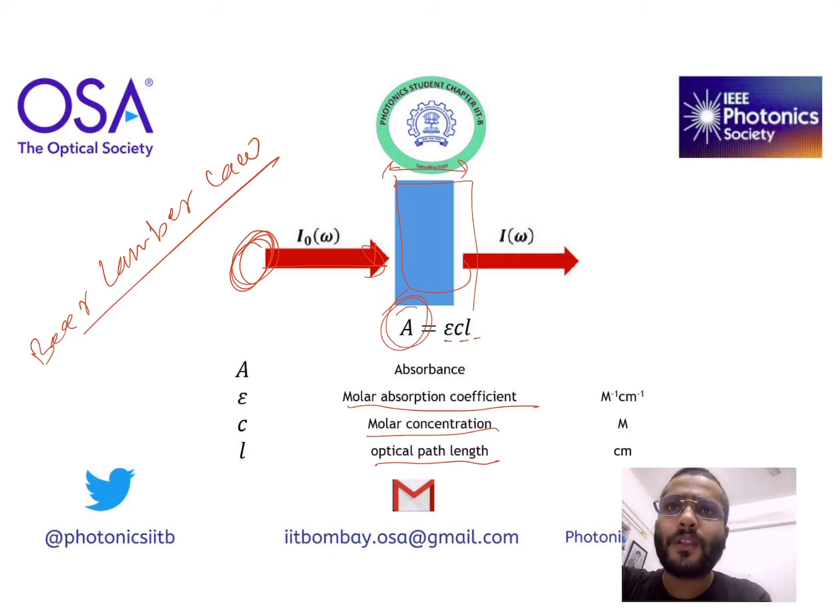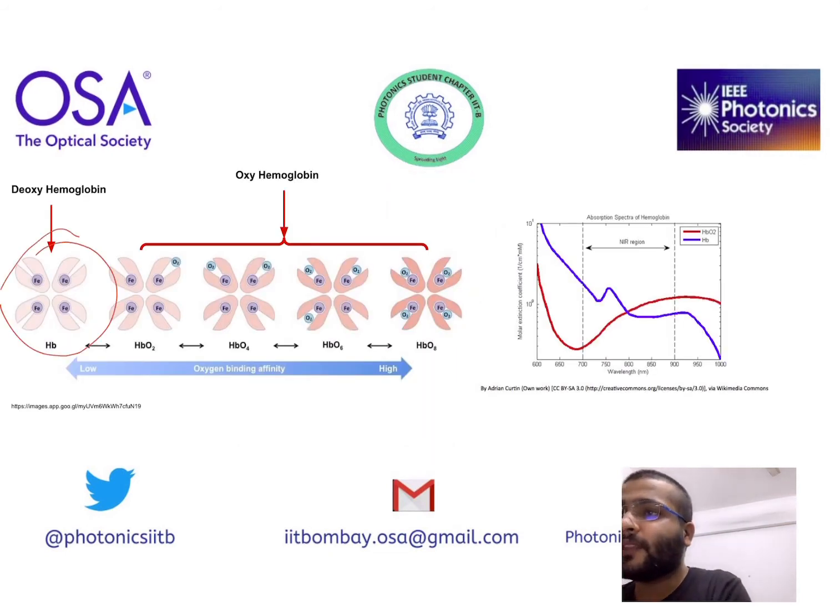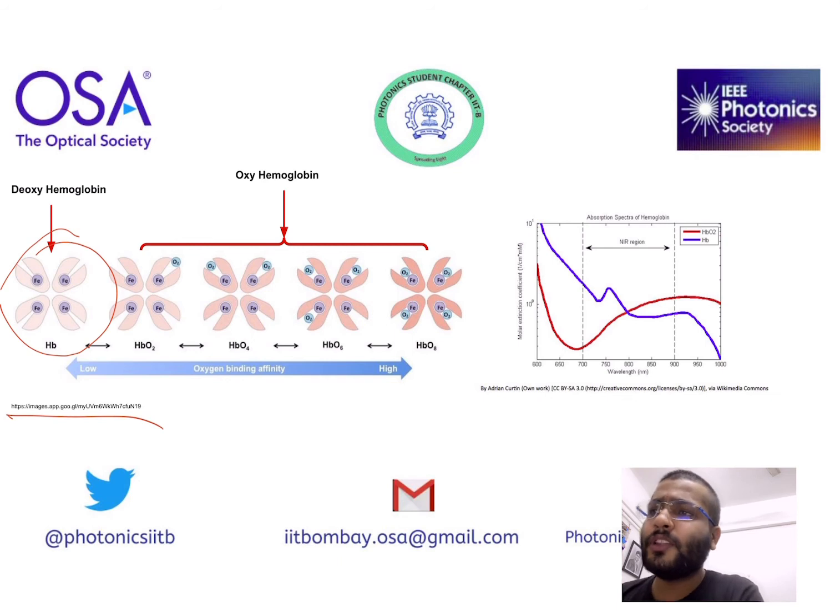So now I can explain what happens in the oximeter. Here you can see a picture of hemoglobin, a schematic I took from a biological science website. This hemoglobin has the property to bond oxygen molecules. When it bonds with oxygen, it is called oxyhemoglobin, and otherwise it is called deoxyhemoglobin.